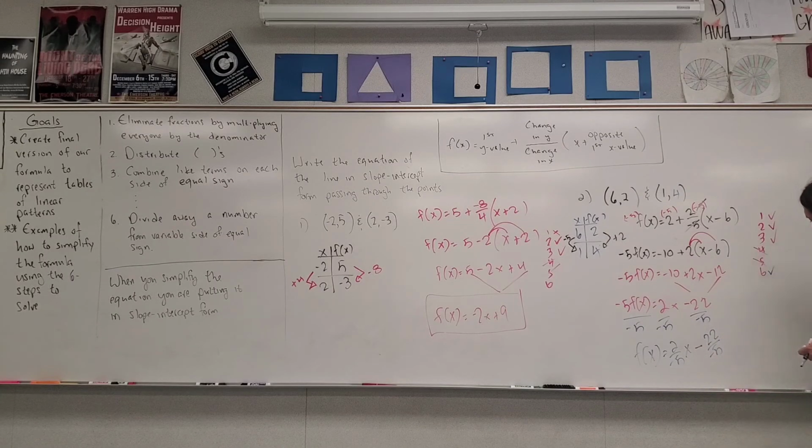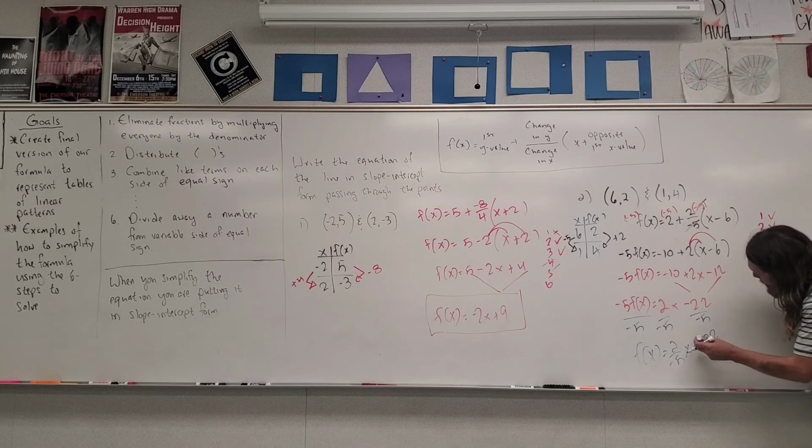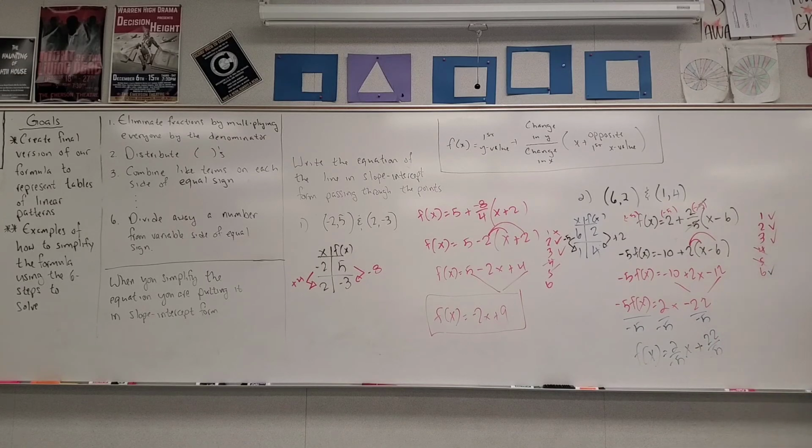Now you could also make this a plus 22 because I have a negative and a negative. And you could have also put the negative up with the 2 and multiplied everyone by a positive 5, and we would have still gotten the result.